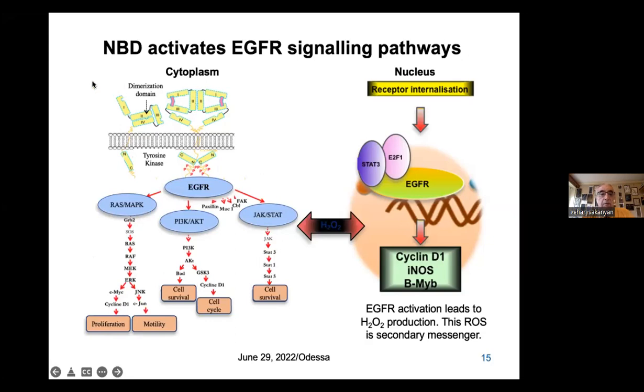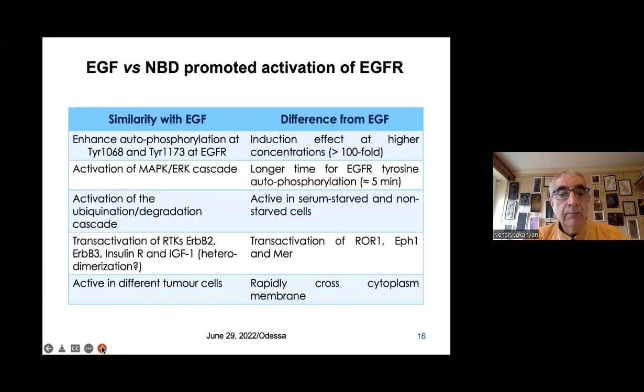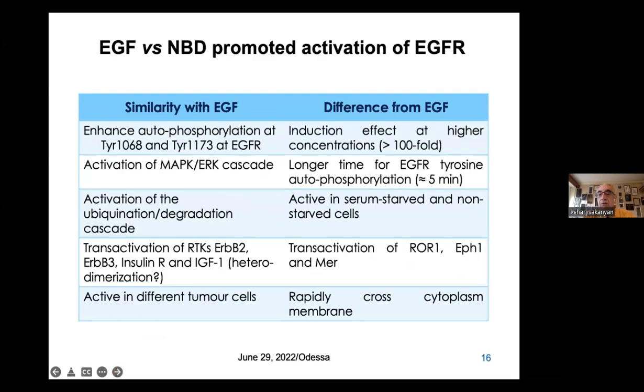It means that the molecule behaves as a real activator of EGFR, which seems to be similar to the action of EGF itself. However, here we can distinguish some differences which were characteristic for this molecule.